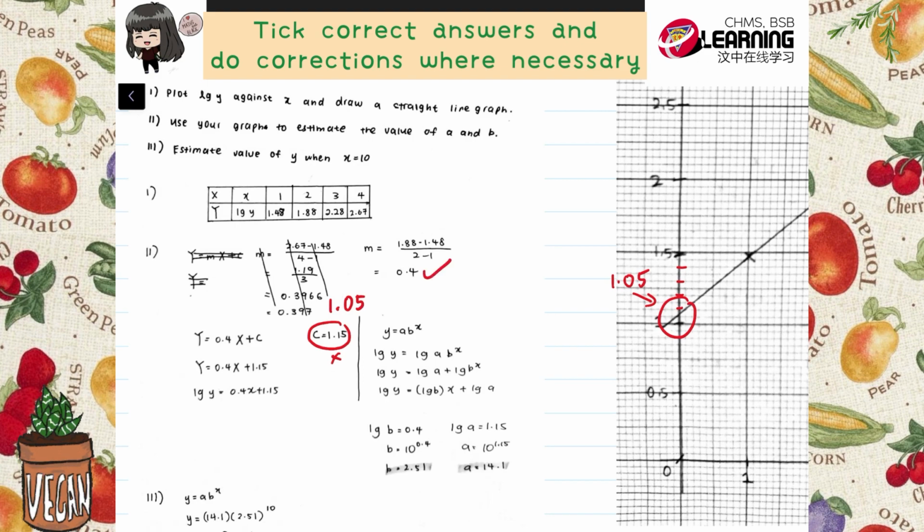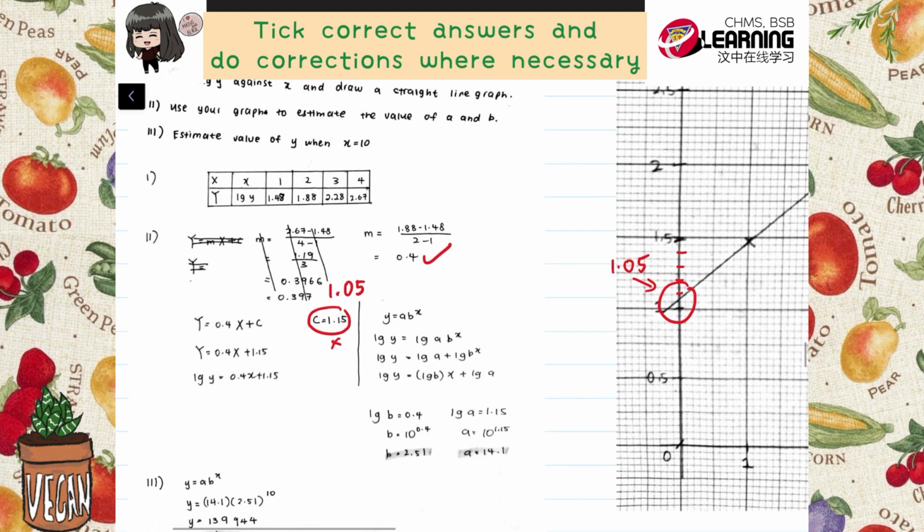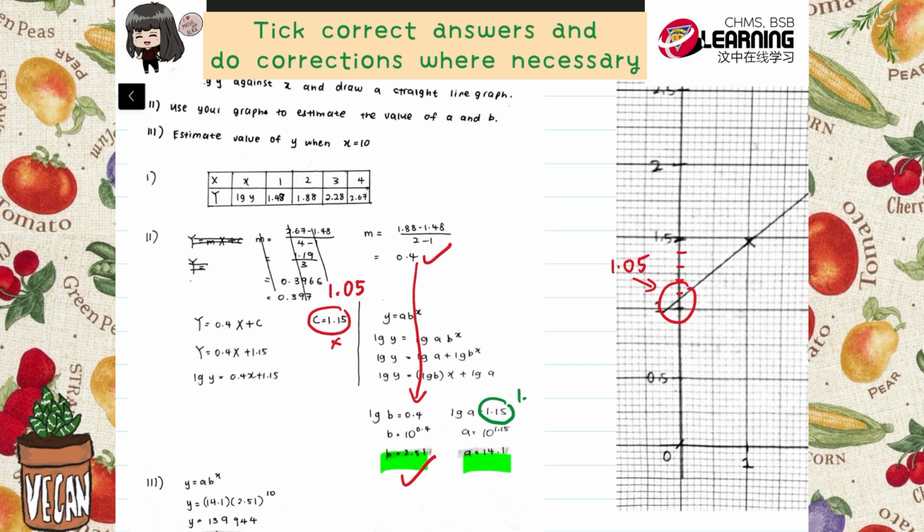And then the gradient is 0.4, okay, it's correct. So the B is 2.51, which is correct because his gradient is 0.4, so bring it down here, so it's correct. But as for his A, because it's not 1.15, according to the graph it is 1.05, this one must change.